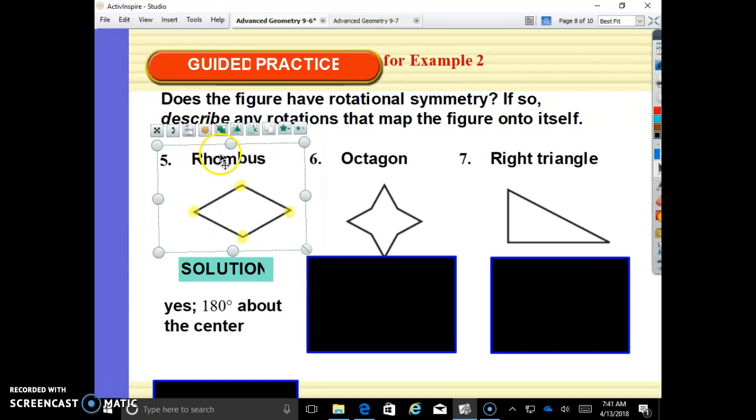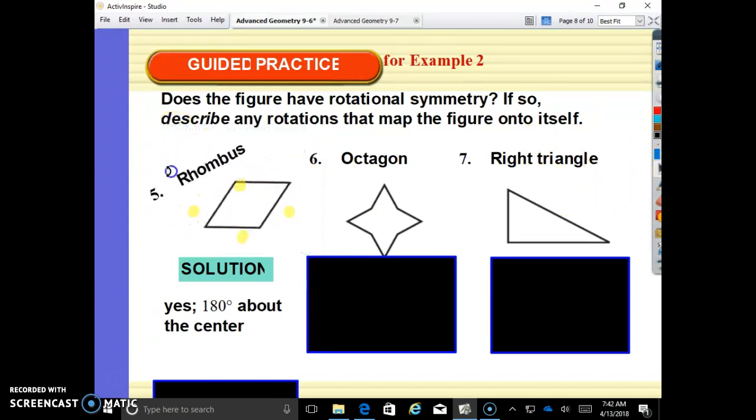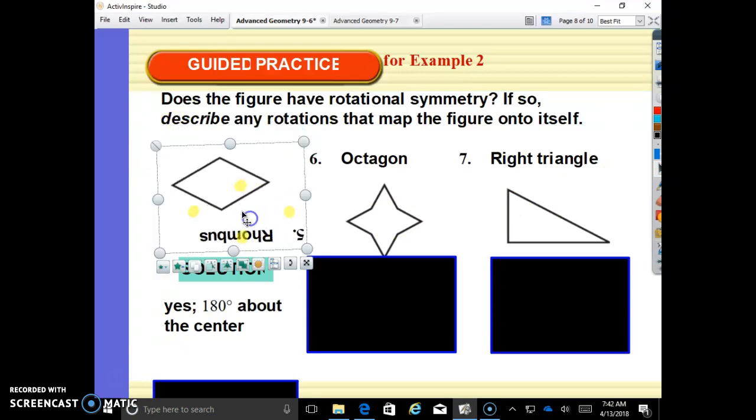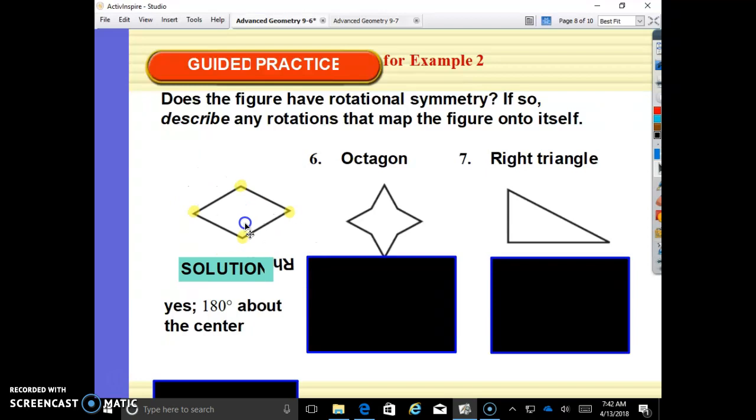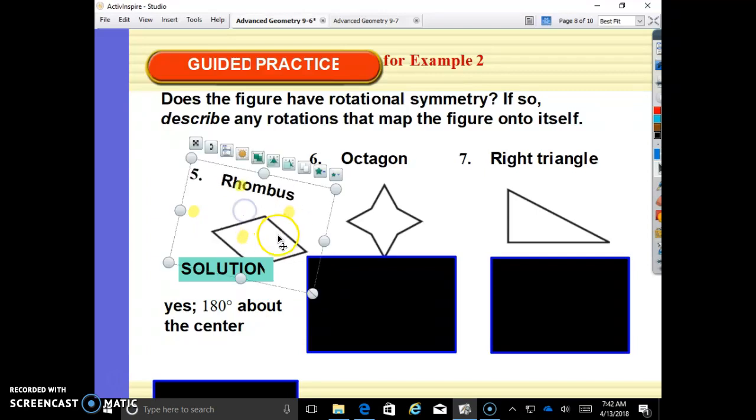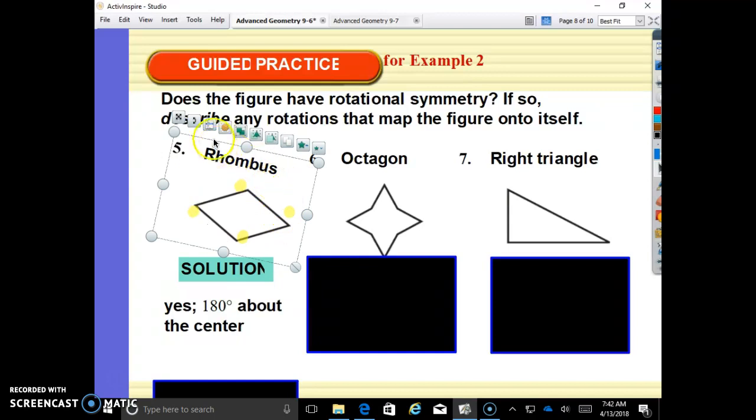Why is it attached to this part? Whatever. Okay, so at 180, you can kind of see if I flip this exactly upside down, if I just shifted it, it would be the same. It's because it's attached to the words, that's why. So at 180, it's the same, and then it's never the same again until 360. So it has 180 degree rotational symmetry.